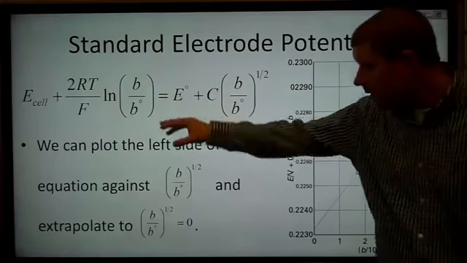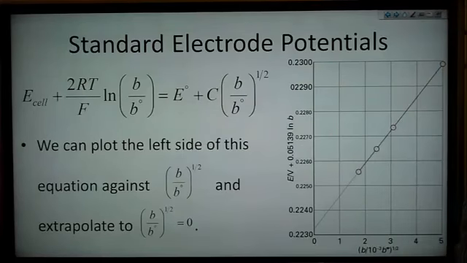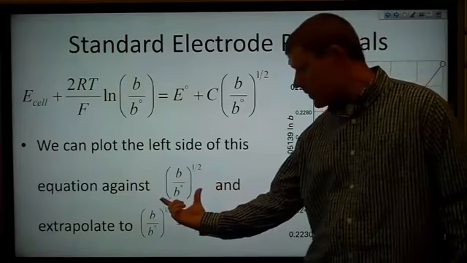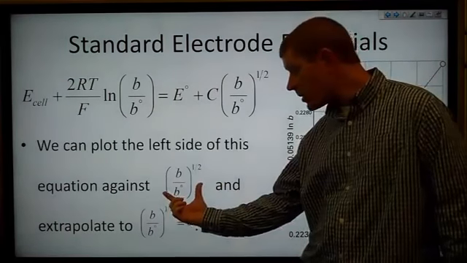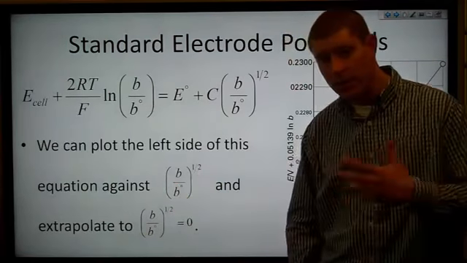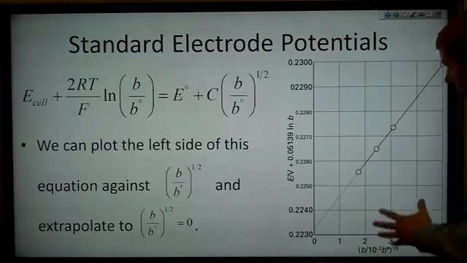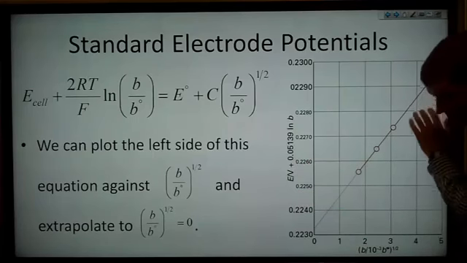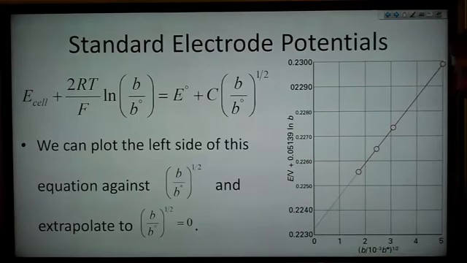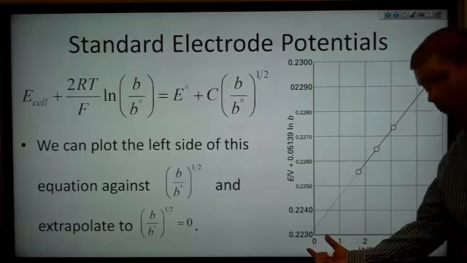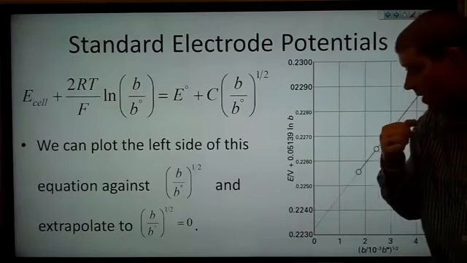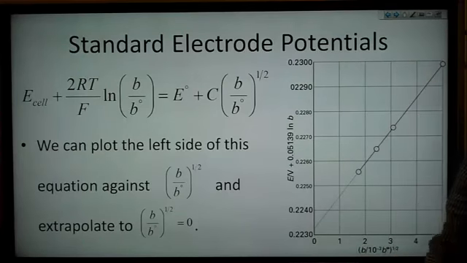And so now on the left side, we can plot against this molality term, the square root of our molality divided by b0. Remember, b0 is 1 molal. And then extrapolate that. So we've plotted some data here, and we can extrapolate that down to a value for that term of 0.